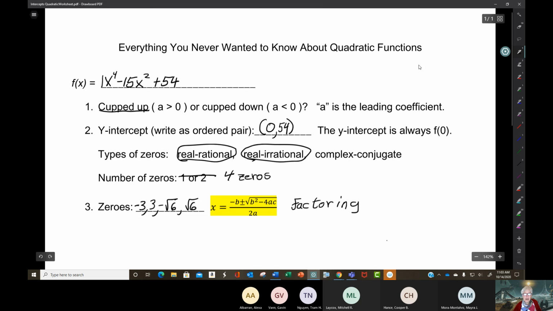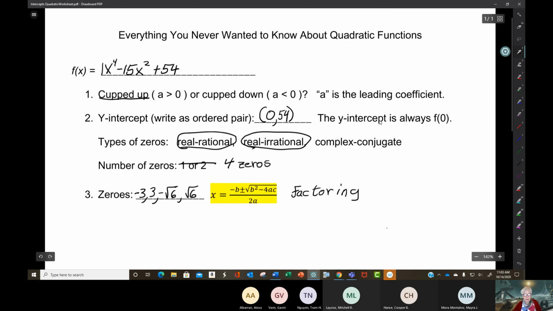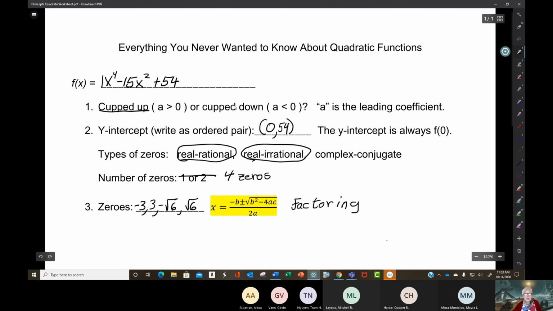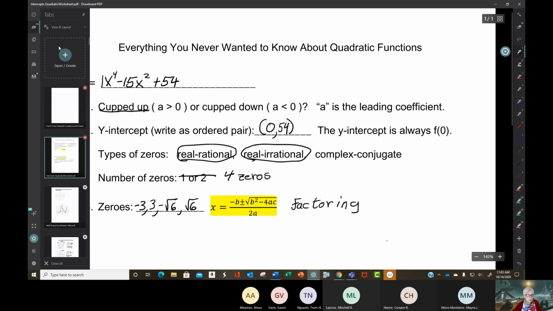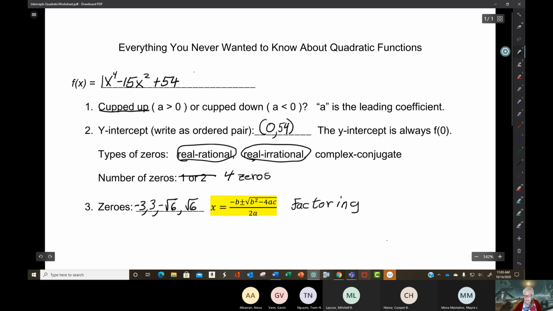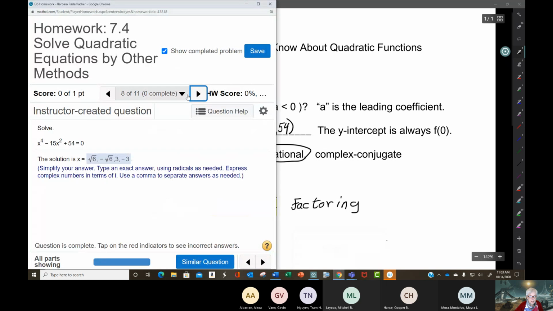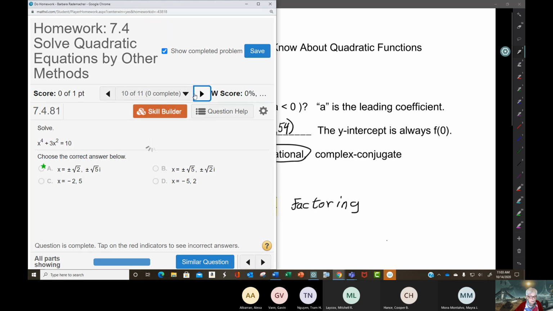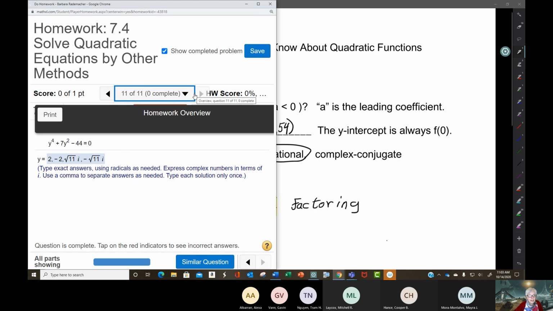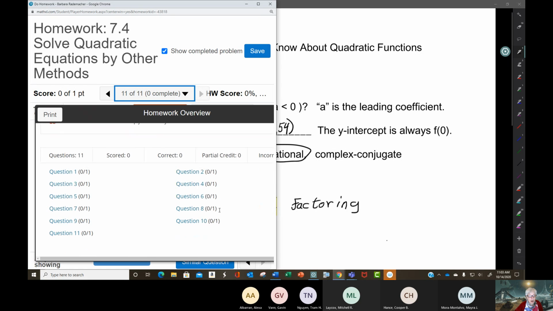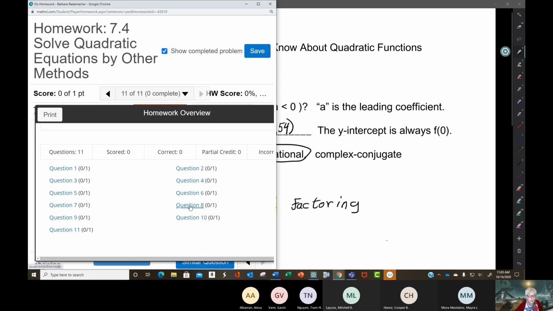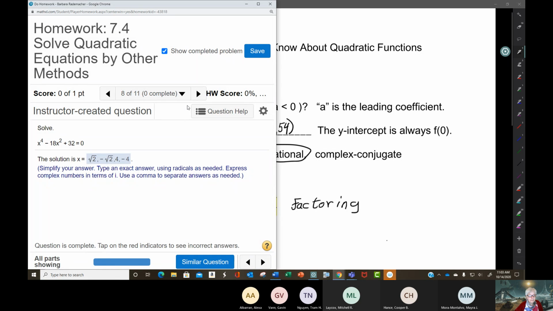All right, enough of advertising. Let's find another problem. Yeah, I filled this full of quartics because I do know it's going to be on the final exam.